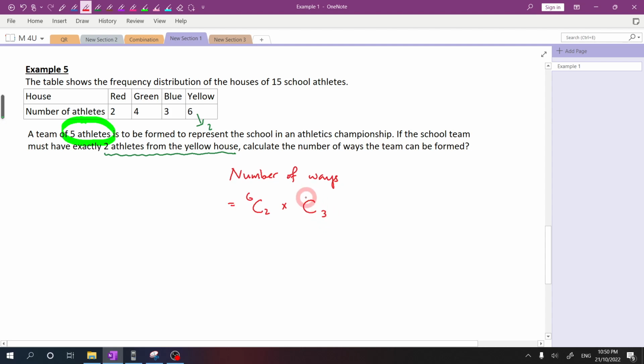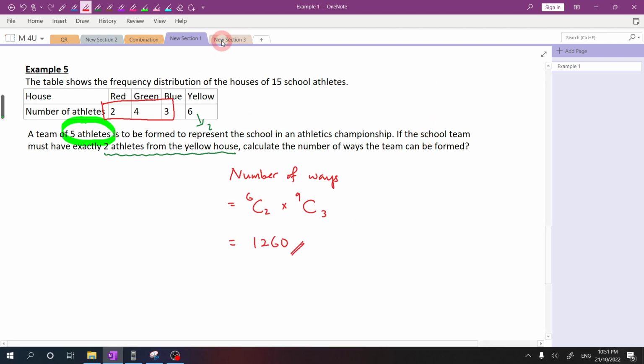And this 3 is from this: 4, 3, and 2. So total here we have how many students? 9. So it will be 9C3. 6C2 times 9C3. So the answer is 1260.